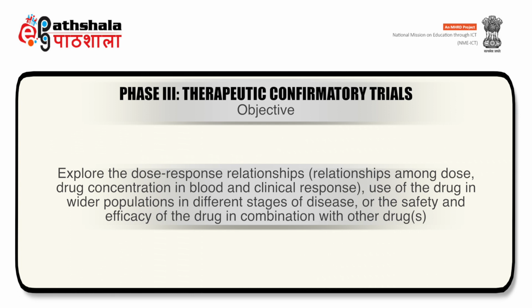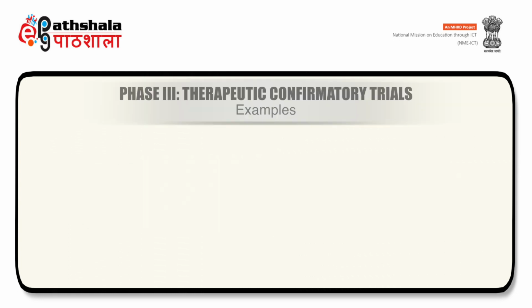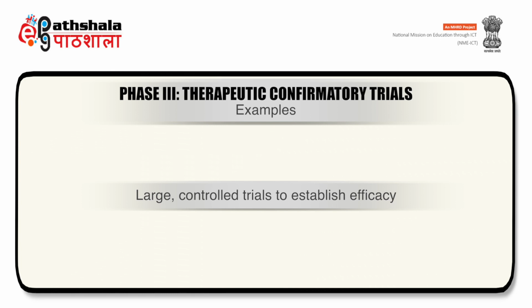These are also done to test the use of drug in wider population in different stages of disease, or to check the safety and efficacy of the drug in combination with other drugs. The phase 3 clinical trials are large controlled trials to establish the efficacy of the drug.